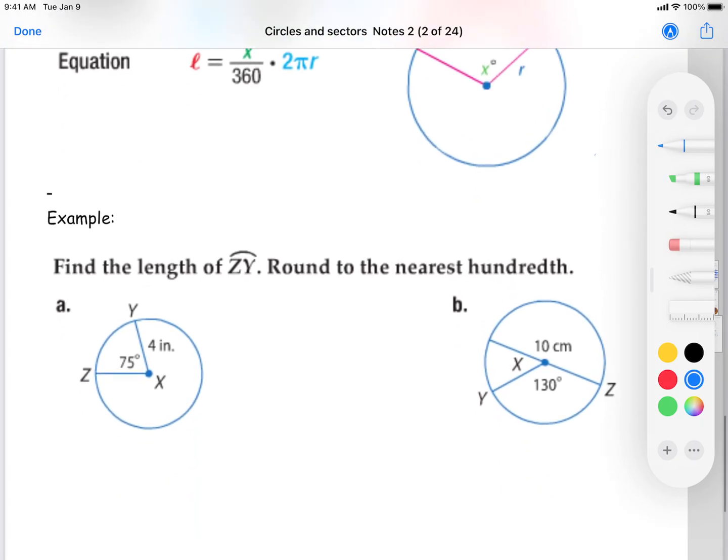So here's an example. Find the length of arc ZY. I know that's terminology that we haven't gotten to yet, but this right here is read as arc ZY.